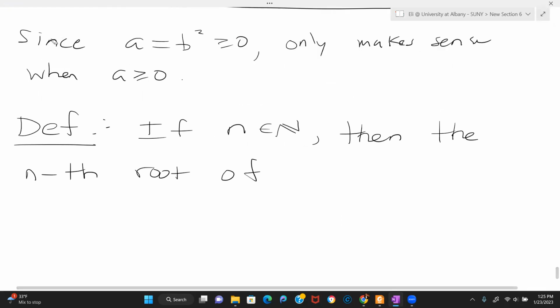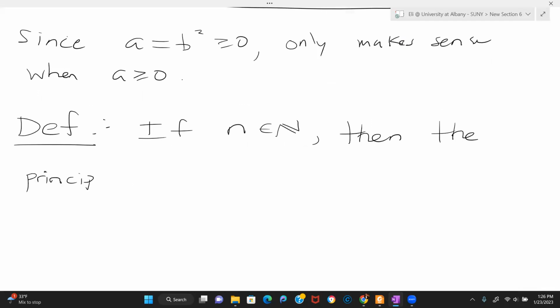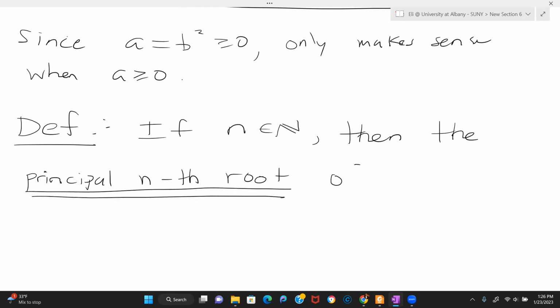We're talking about the so-called principal nth root, the positive nth root. It's not going to matter a whole lot, but let's just be technical. It's always a good idea to be technical and precise with your definitions. So the principal nth root of a is defined as follows.